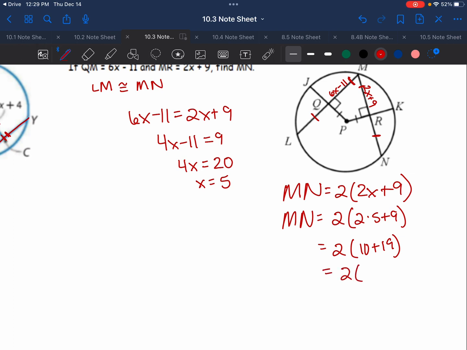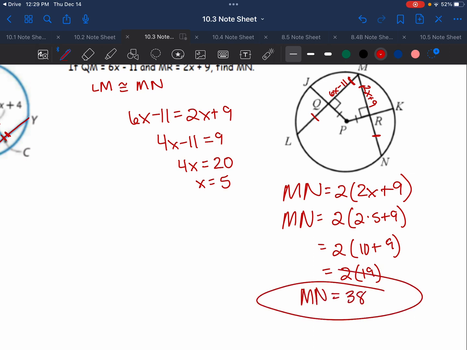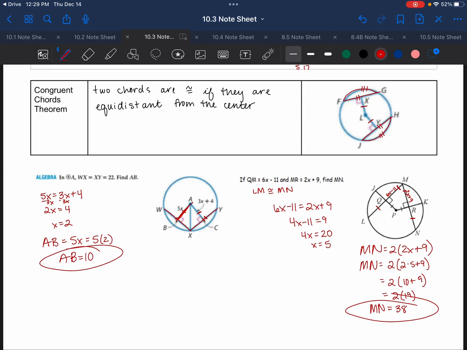So 2 times, oops, I added an extra 1 here. So 10 plus 9 is 19, and 2 times 19 is 38. So MN would equal 38. And that completes the notes for 10.3.